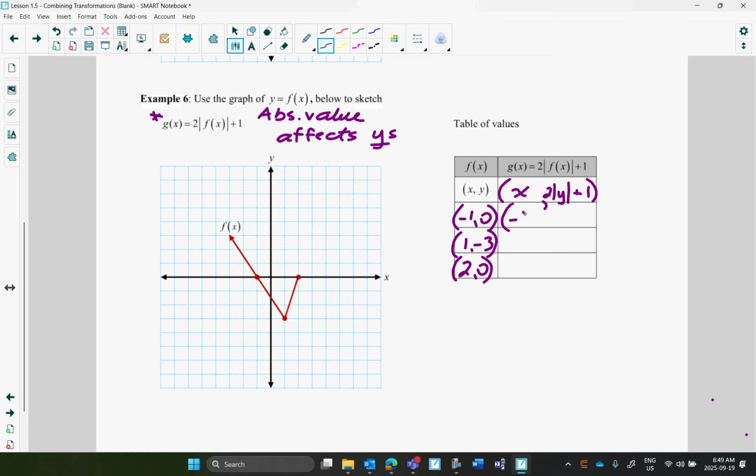So I'm going to get -1. 0 times 2 is still 0, plus 1 is 1. X stays the same. -3 becomes +3, then times 2 is 6, plus 1 is 7.